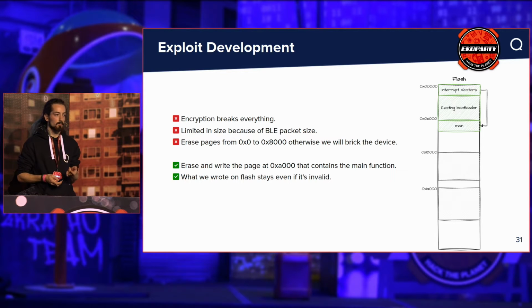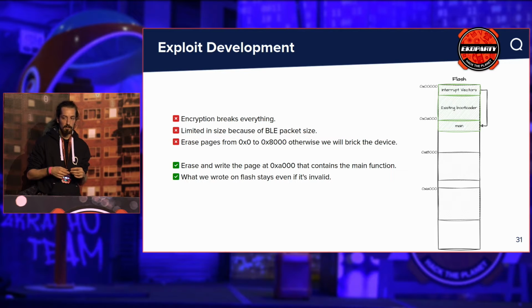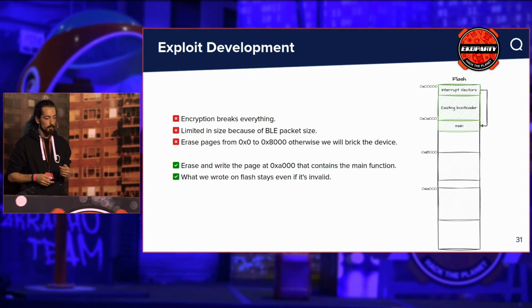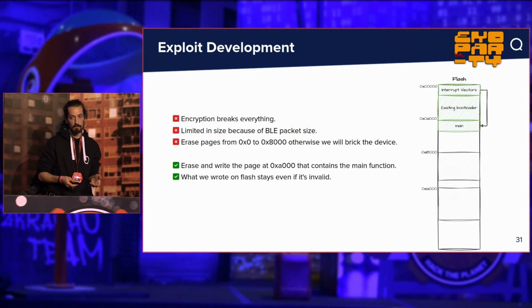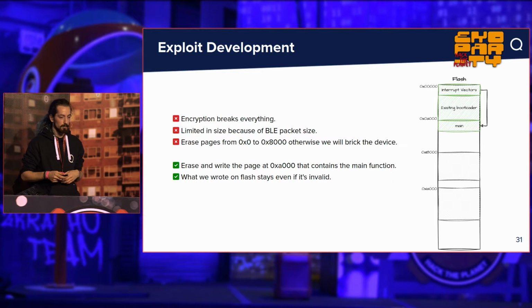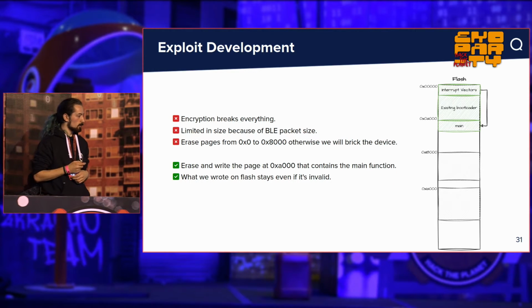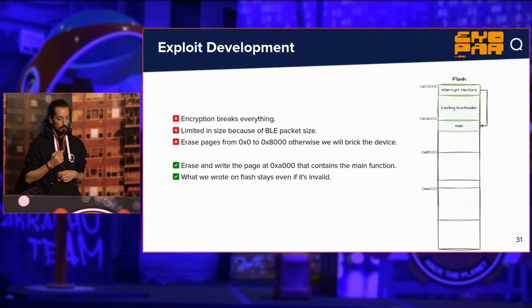And the last thing is that we can try to write on the flash, since we can control the code executed. But in order to write on the flash, you need to erase the page first. And if we do that, some of the pages crash and it will break the device. That's happened a few times, so that's why you need to have spares. But there are two things we can do.